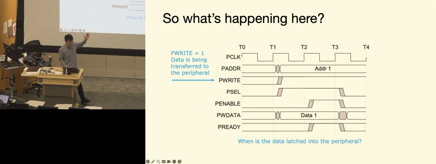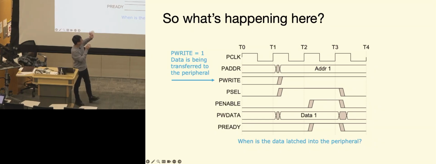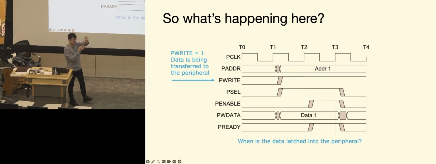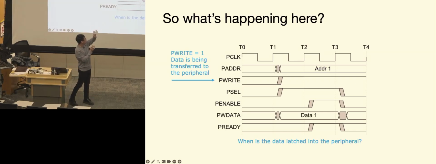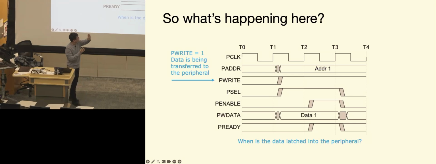But since the clock is always positive edge triggered, although those signals became high, the actual peripheral or actual system has not noticed that. It will take the next positive edge, the T2, so that it knows those signals have been updated.